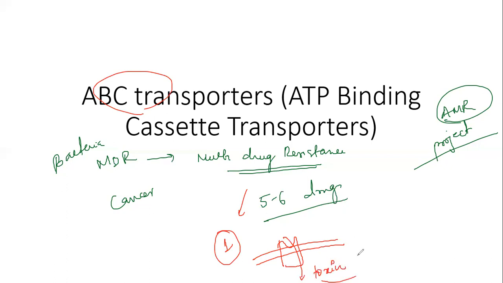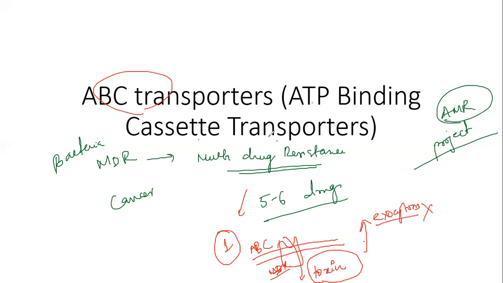When the bacteria understand that by mistake the toxin has come inside, they sometimes make it into a vesicle and do exocytosis, if possible. If this is not possible, the other thing is using the ABC transporters, that is, the ATP binding cassette transporters.